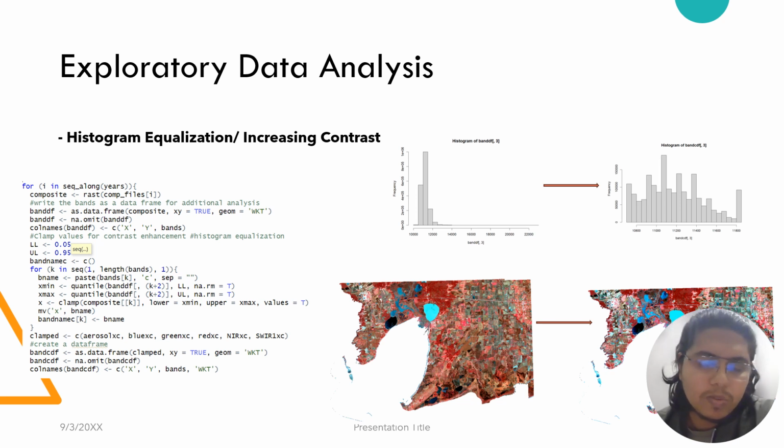We got rid of the outlier values and set the first and third quartiles as 5% and 95%, and used the clamp function to clamp the data all together and make another composite for later use. We can also see how the contrast of the image increased.